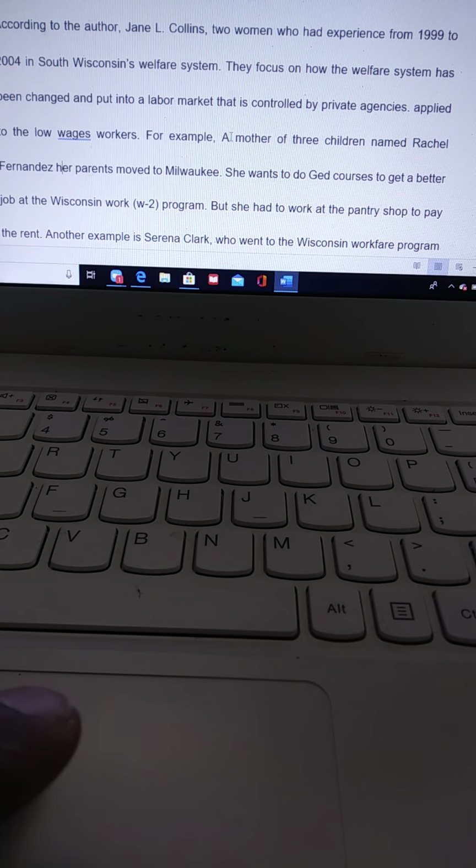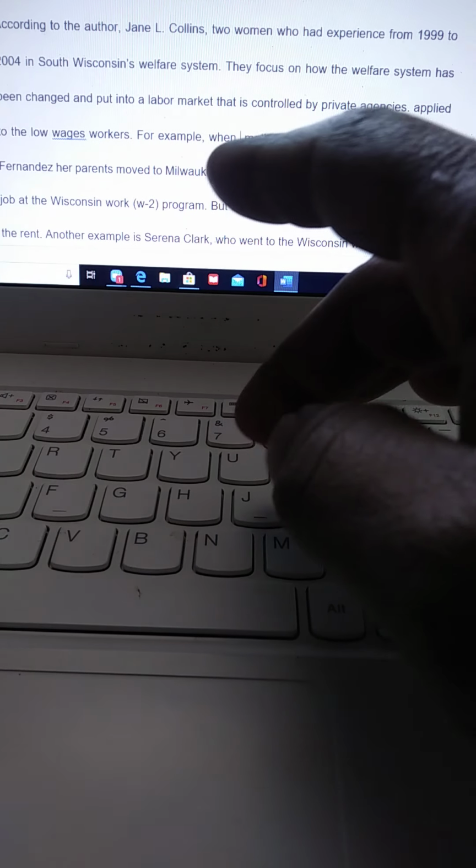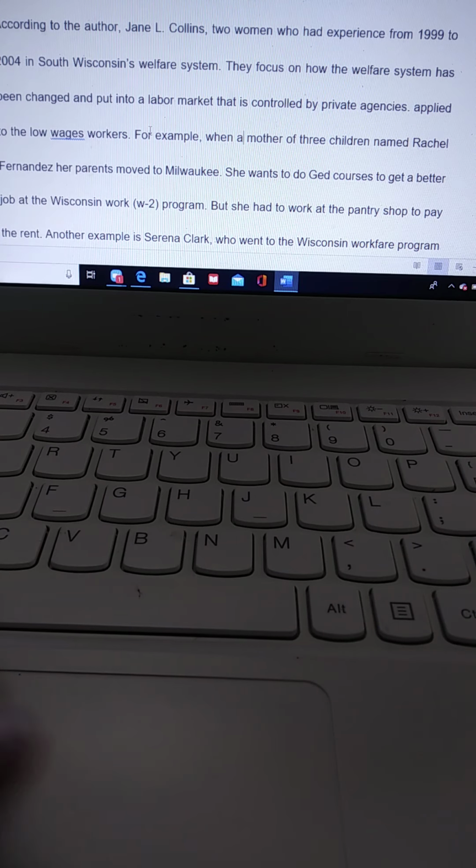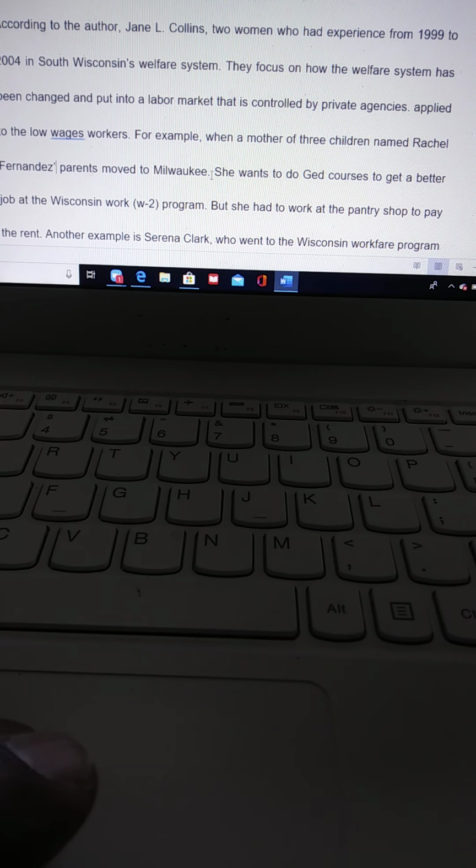So maybe you could say, example, when a mother of 3 children named Fernandez, and then apostrophe, parents moved to Milwaukee.